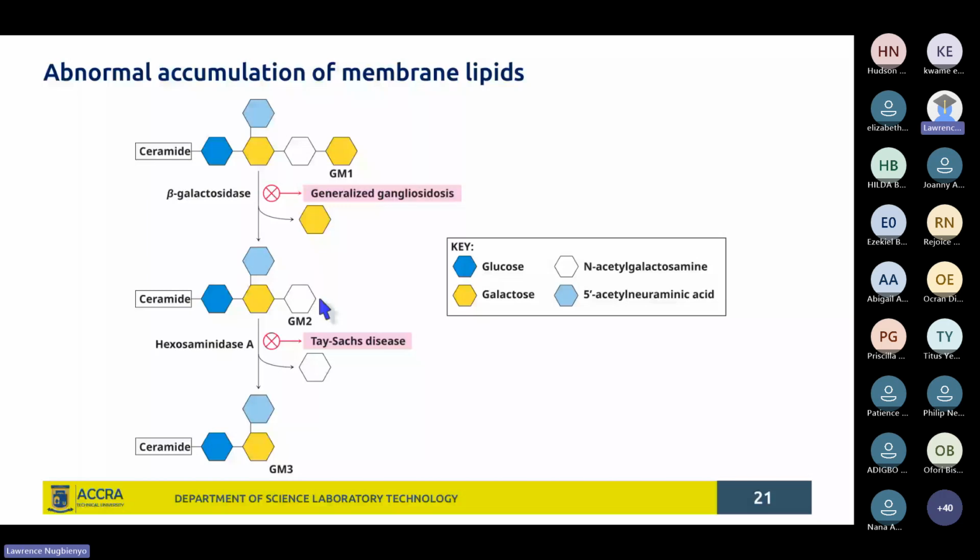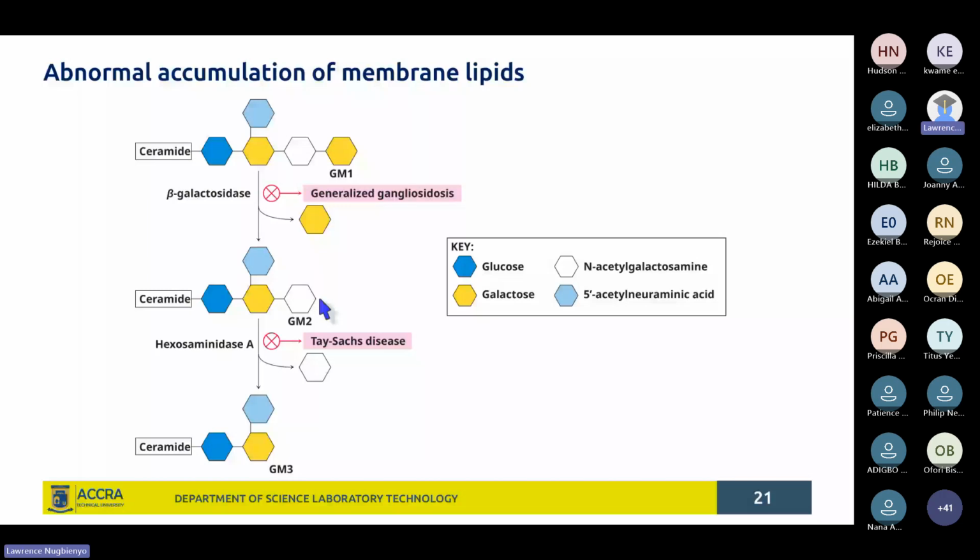These are sphingolipids, the backbone being ceramide, a sphingosine with lipids and oligosaccharides attached, found in the myelin sheath and the membrane of neurons.